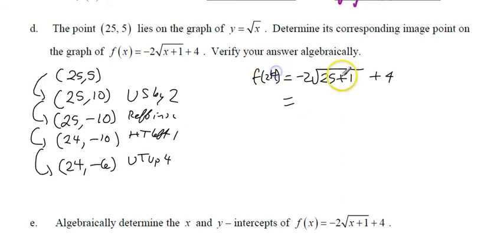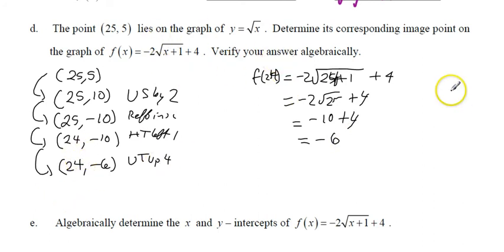Sorry, we want to do 24. Negative 2 root 25 plus 4, negative 10 plus 4 is negative 6. So when we give it a 24, we get out the negative 6.